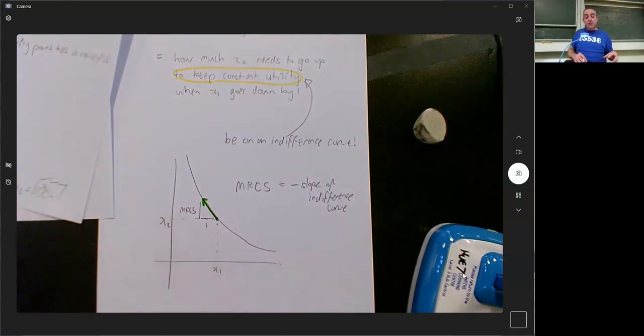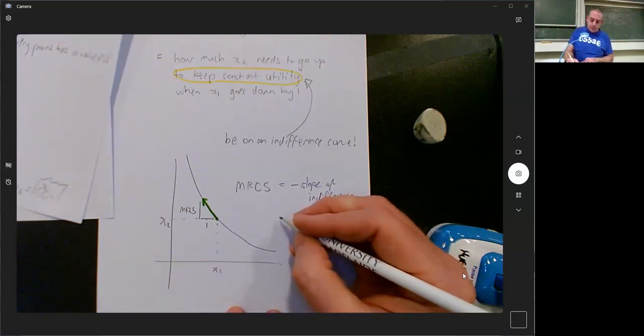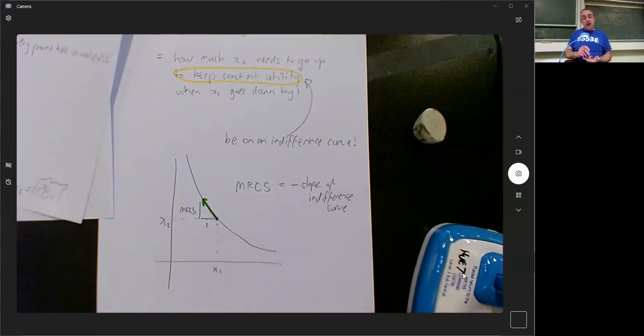So the marginal rate of commodity substitution is going to be a formula involving x1 and/or x2. So if I could find a formula for what the indifference curve was, I could differentiate it, and that would tell me the marginal rate of commodity substitution. But I don't have to do that.